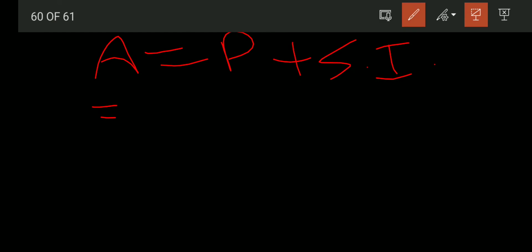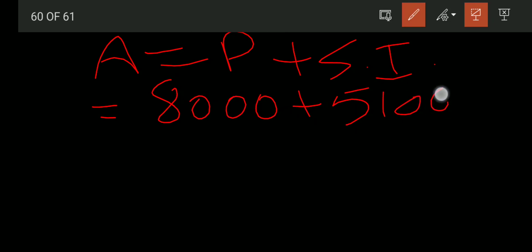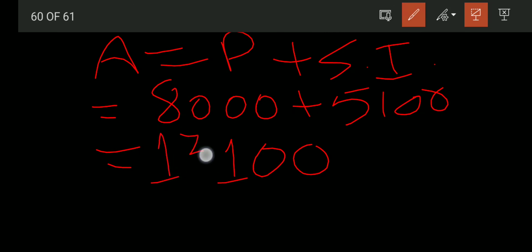So principal here is 8,000 rupees plus interest 5,100, and that becomes 0 plus 0, 0, 0 plus 0, 0, 1 plus 0, 1, 5 plus 8, 13. So 13,100 rupees is the amount which is paid back to SBI to close the loan.